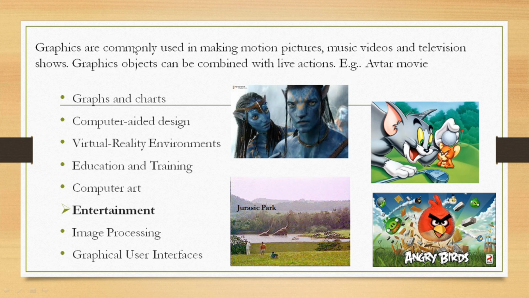So it is basically used in the field of entertainment. You have the Avatar scene here, then Jurassic Park, then Tom and Jerry, then Angry Birds, which have all been created by using graphics on a computer.